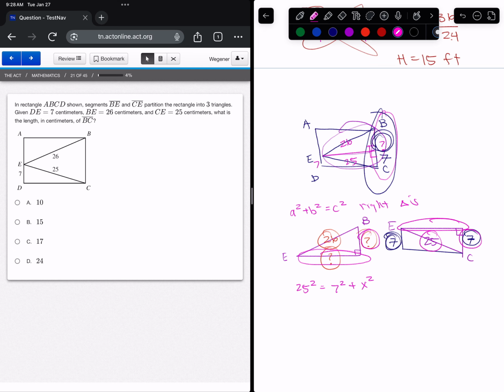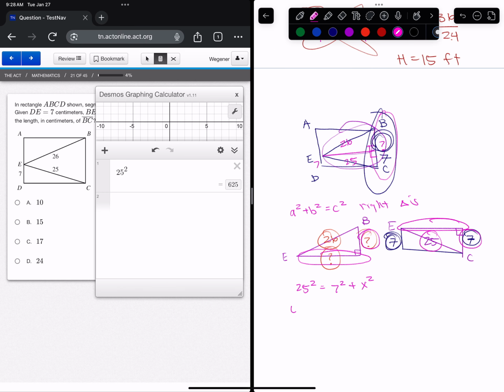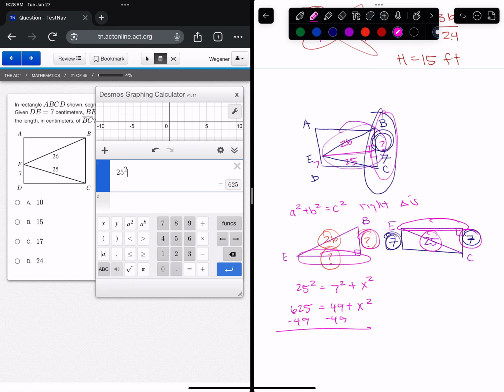So 25 squared gives me 625, so 625 is equal to 49 plus x squared. Subtract 49 on both sides, we get 576.